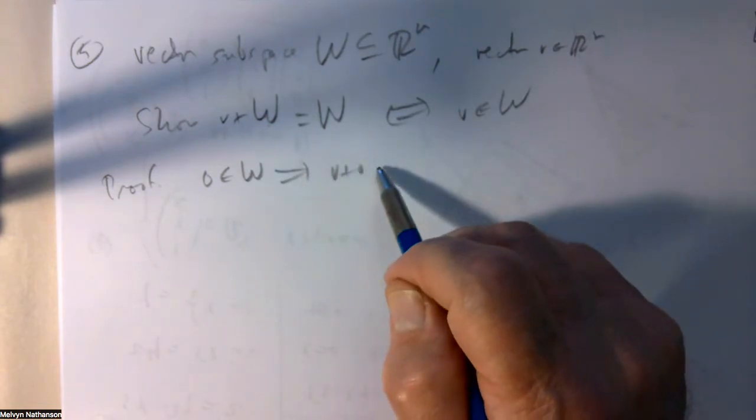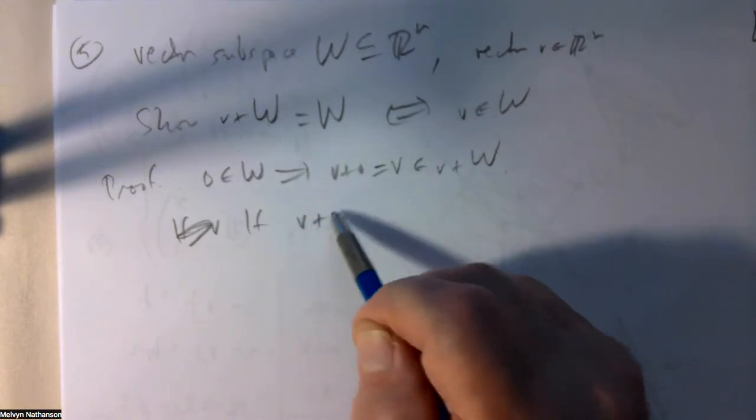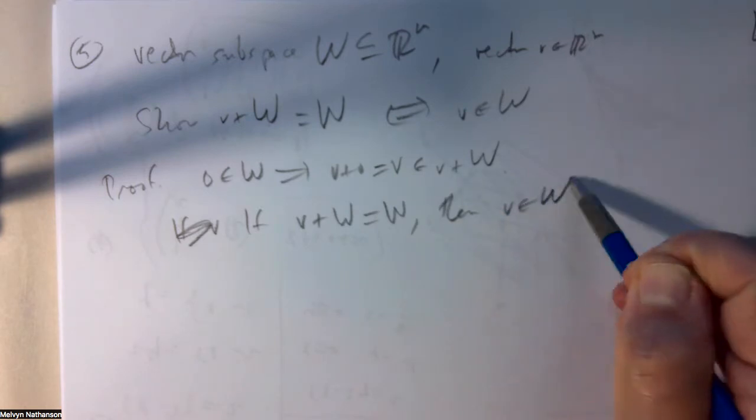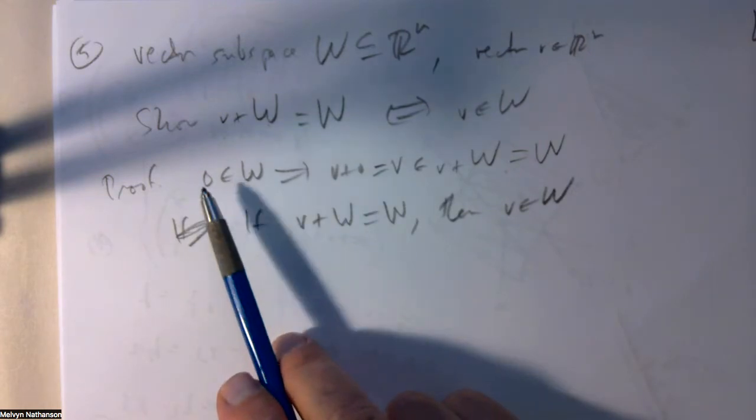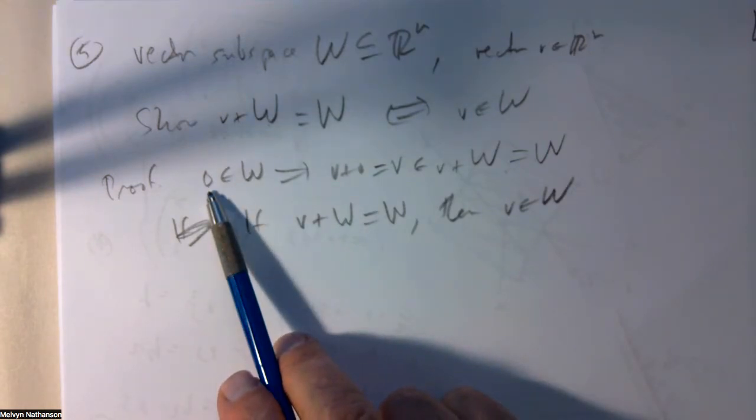So the proof in one direction is simple. We know 0 is in W. So V plus 0, which is V, is in V plus W. So if V plus W equals W, then V is in W. Every subspace contains the 0 vector.